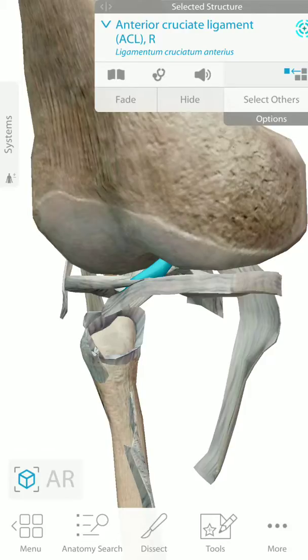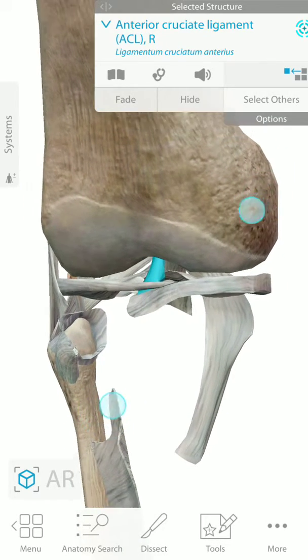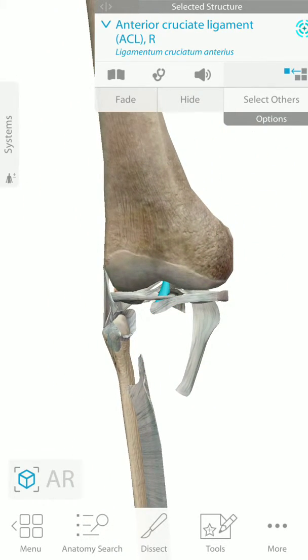So that's one of the more common ways anyone can tear that ACL. However, the most common reason for why ACL tears occur is because people have repeated internal rotation and inward movement or inward buckling of the knee. That inward buckling of the knee is known as valgus collapse of the knee. And that inward rotation of the knee is also associated with that valgus collapse.